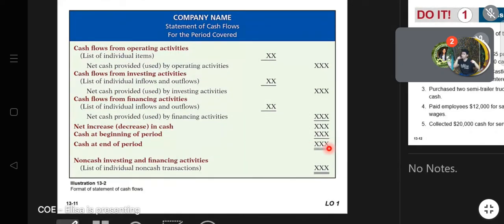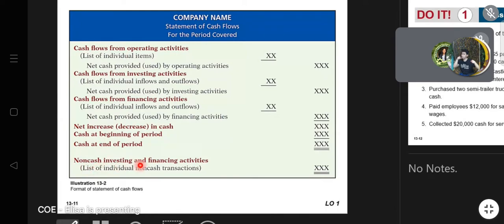So, again, that ends your report. And then, in here, there are items or movements which did not involve cash, and we list them separately.